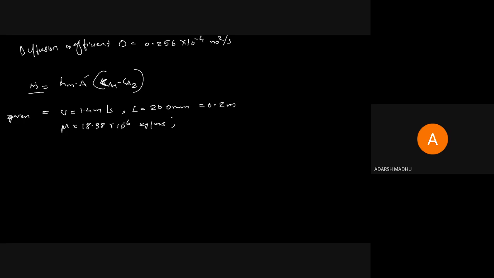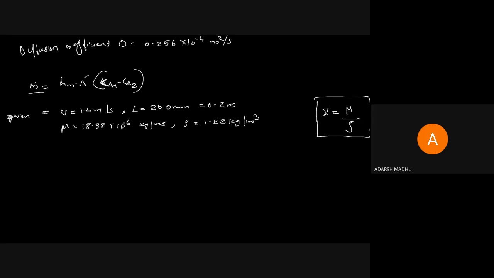And the rho value is given as 1.22 kilogram per meter cube. We know the relation that kinematic viscosity nu equals viscosity divided by density. Okay, it is a very important relation. Kinematic viscosity equals the usual viscosity divided by density.